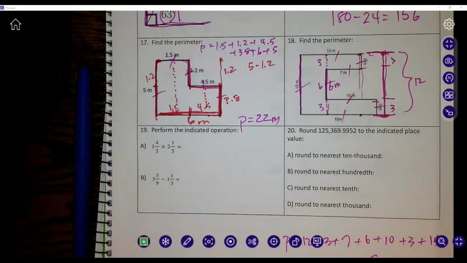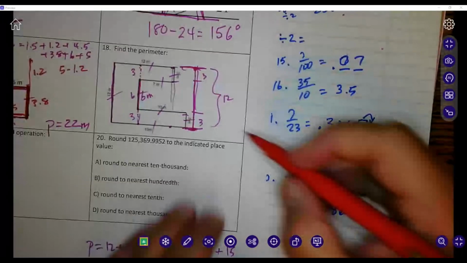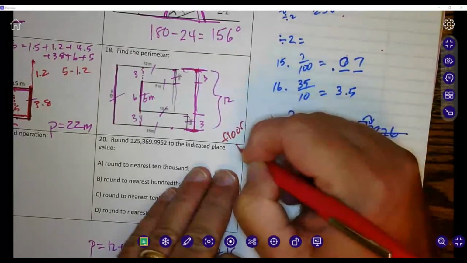Okay, good. Yes, all those answers are correct. The typical answer is called a floor plan.